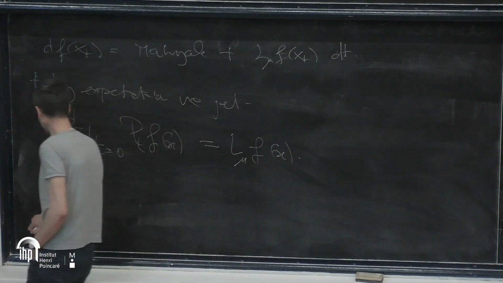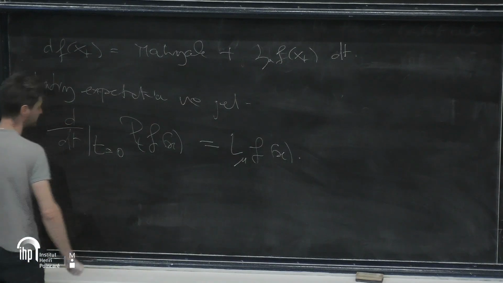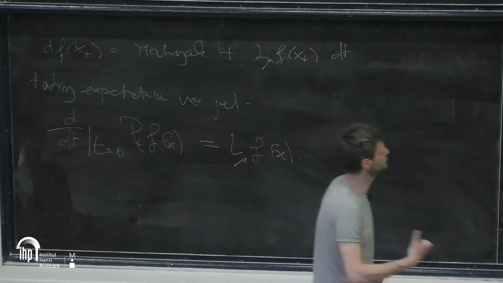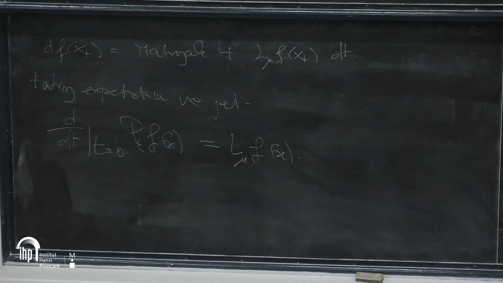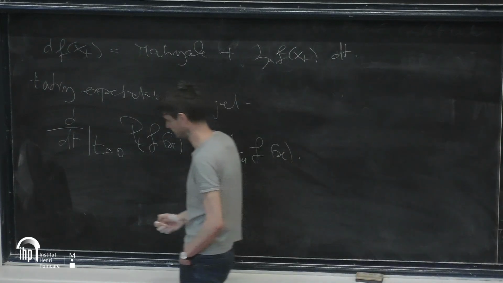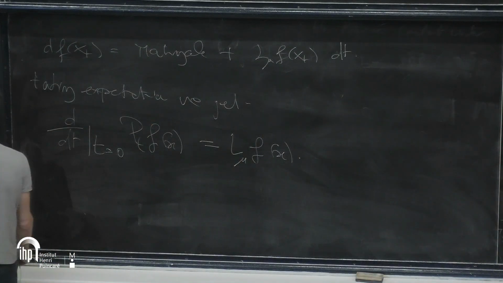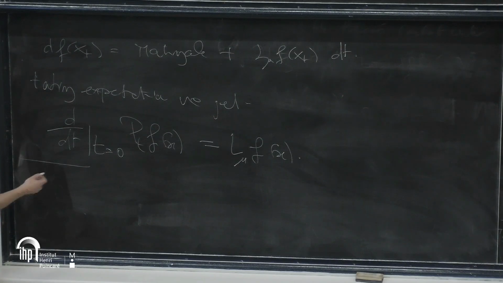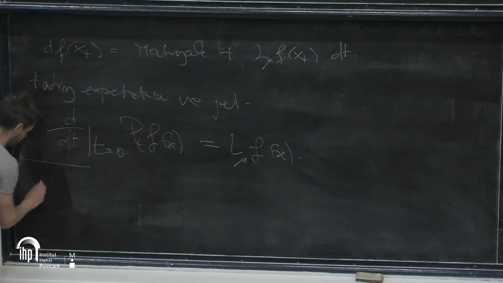Now, this probabilistic vision of the semigroup allows you to prove things about this semigroup using probabilistic methods. So let me give you a first example of such an estimate, which is kind of the easiest thing you could do in that framework.